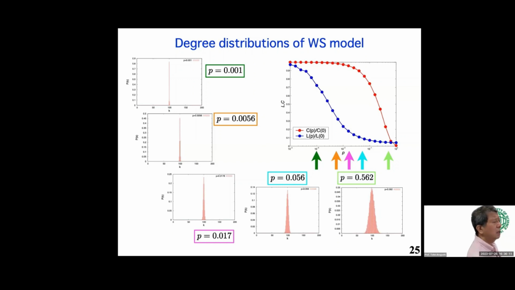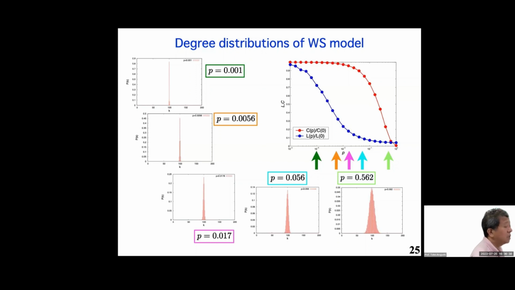The reason is that the initial graph of the Watts-Strogatz model, in the case that P equals 0, is a so-called regular graph, or ring lattice. These results show that the degree distributions of the Watts-Strogatz model have nearly bell-shaped forms.